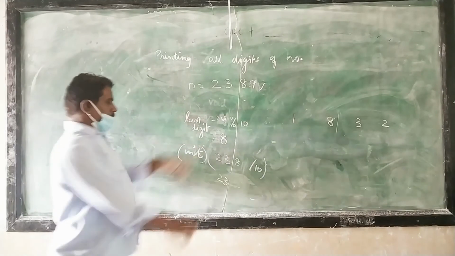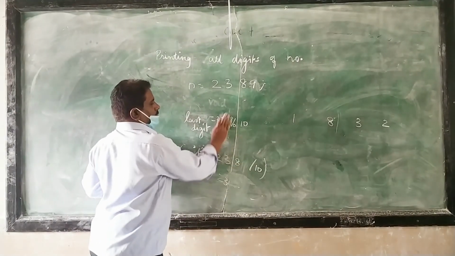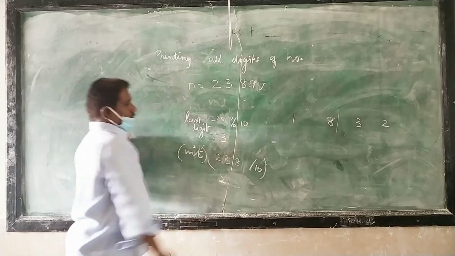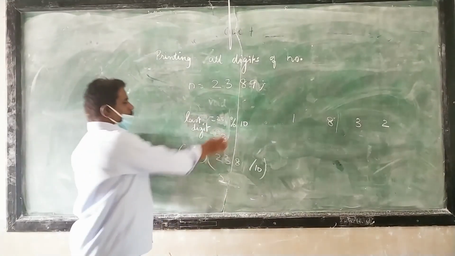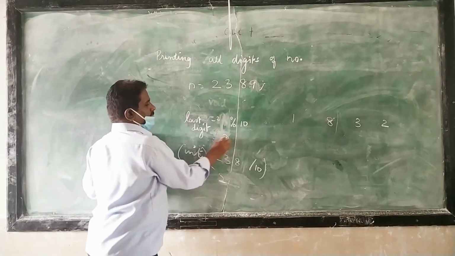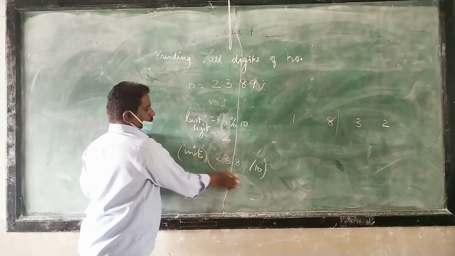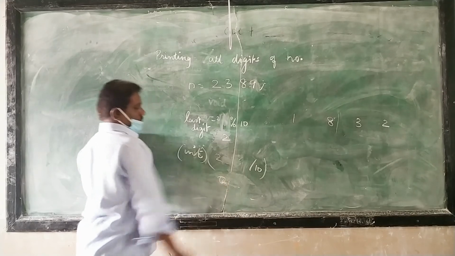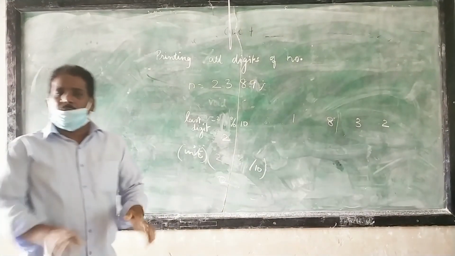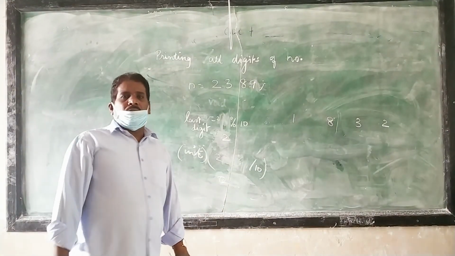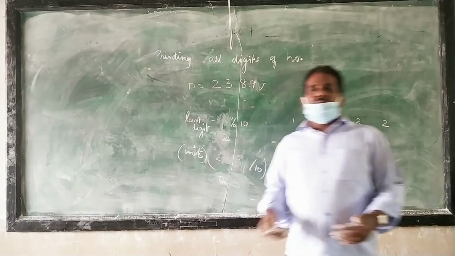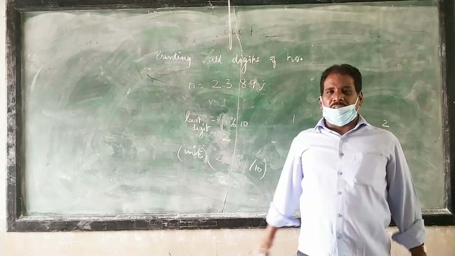With 23, 3 will be the last digit and removed. When you do the same operation with 2, 2 is the last digit and 2 divided by 10 gives 0. When it is 0, we have to stop. So this is the logic of taking out every digit of a number.